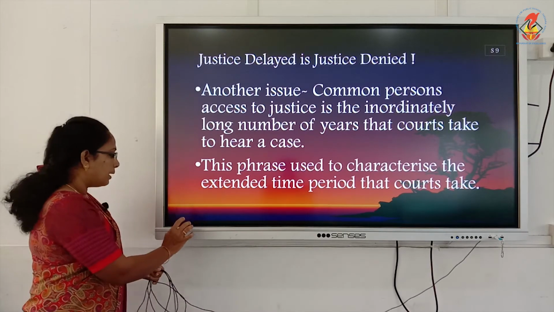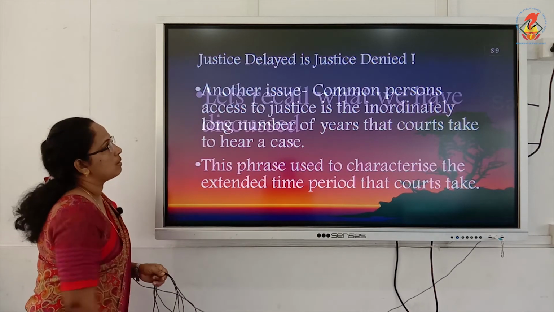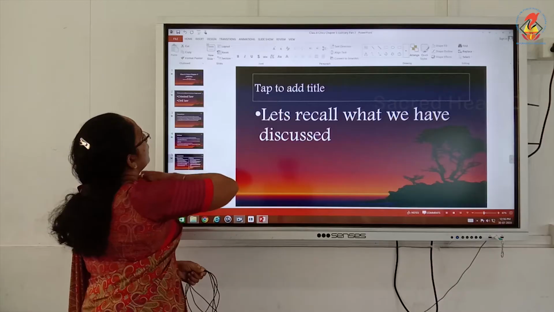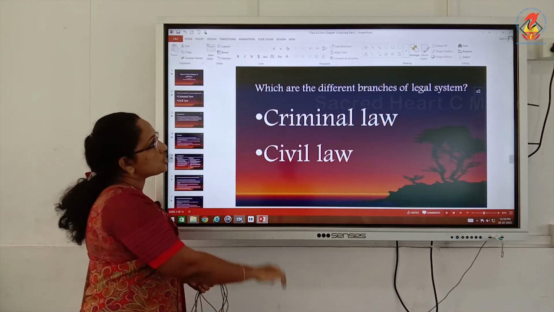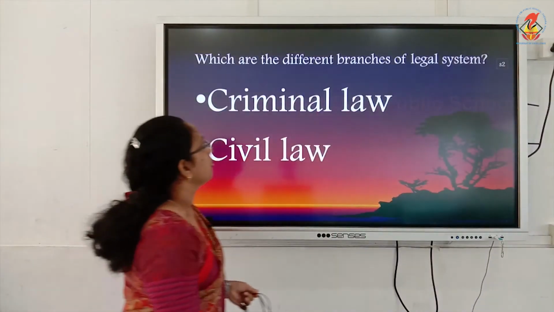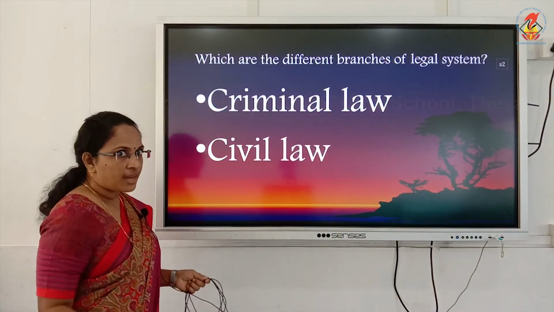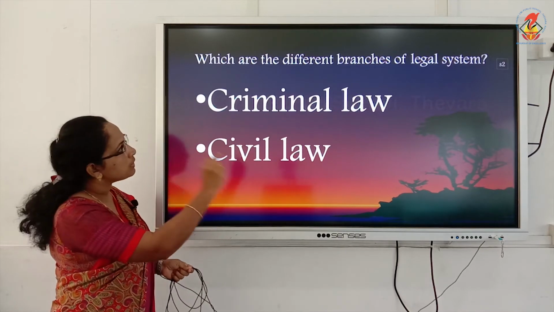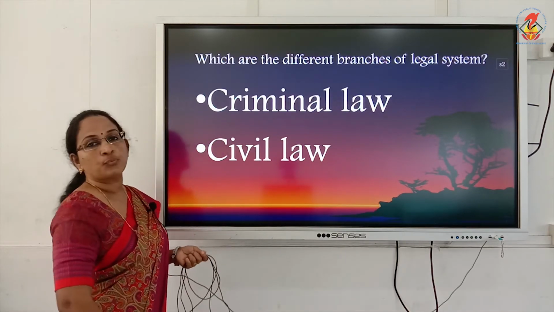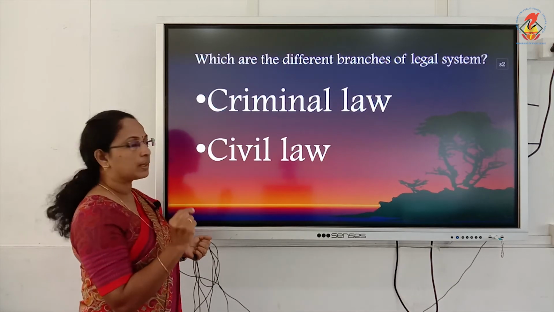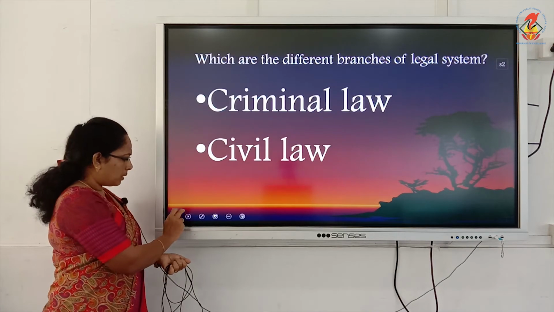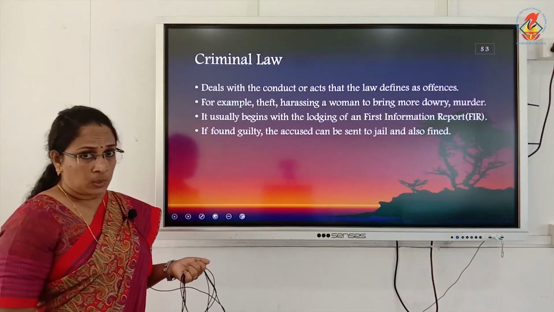Now, let's recall what we have discussed in part 2. We started with the different branches of legal system. We have two branches of legal system, children, criminal law and civil law. Now, what is criminal law?